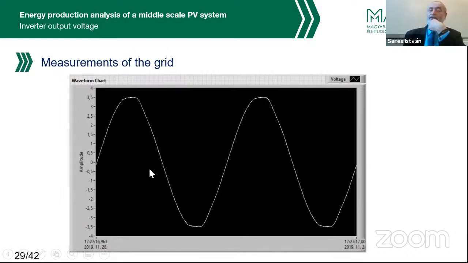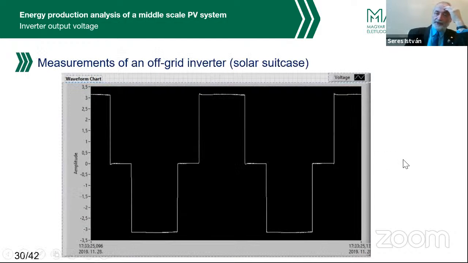This is the measurement of the voltage of the grid in the physics lab. And with this, we could check the shape of the voltage function for different inverters used with solar energy. For example, this is a very simple inverter. We have a so-called solar use case. In this solar use case, we installed a few small PV modules, about 5 watts altogether, and a charger and an inverter.